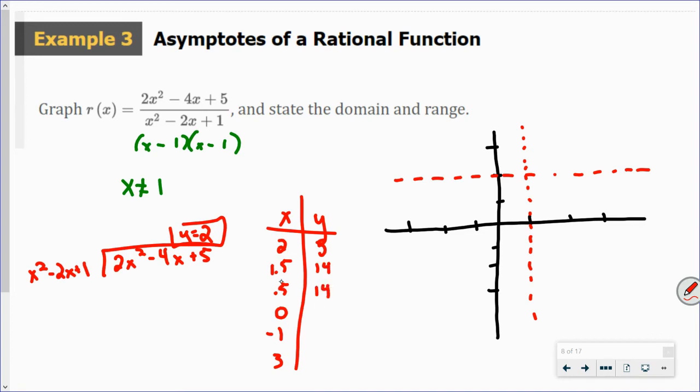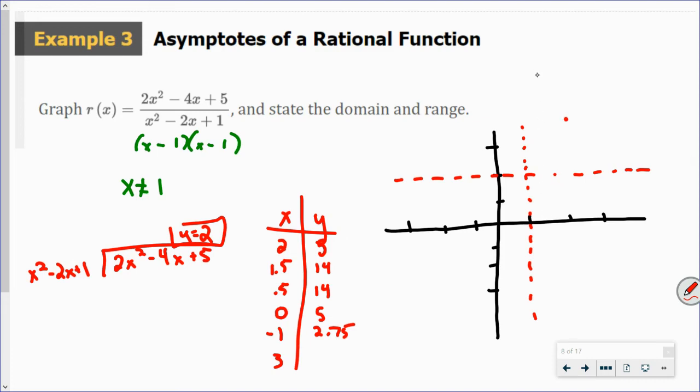So that's kind of interesting that we're on each side of the asymptote, but we're way up here at 14. 0, I get 5. -1, let's see if I plug that in real quick. I get 2.75.